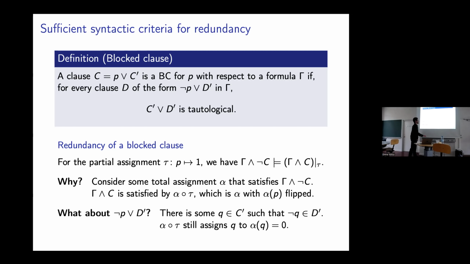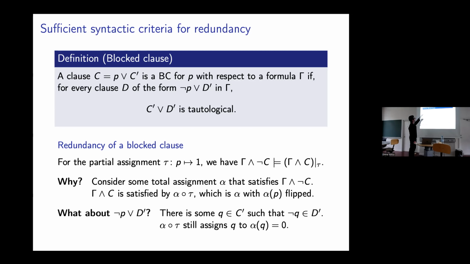Because I just made a change to the assignment. I mean, I told you that alpha was already satisfying gamma, but maybe some clauses in gamma depended on alpha assigning P to false to be satisfied. So I need to also say that making this change to alpha, flipping its assignment of P, didn't suddenly break some of the clauses in gamma by making them unsatisfied.